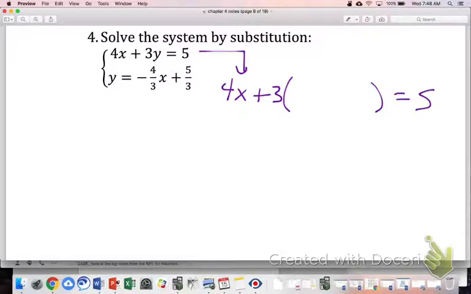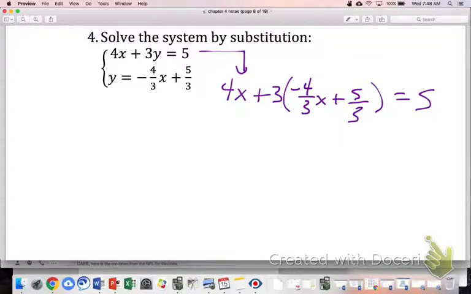What is the only thing that I'm allowed to replace that y with? The bottom equation, the negative 4/3 x plus 5/3. The reason I'm allowed to do that is because y and negative 4/3 x plus 5/3 have the same value. And how do I know that? The equal sign, right? The y is by itself, and it equals that other expression. So in place of the y, I can write negative 4/3 x plus 5/3. That's the only thing I can replace y with because that's what y equals.